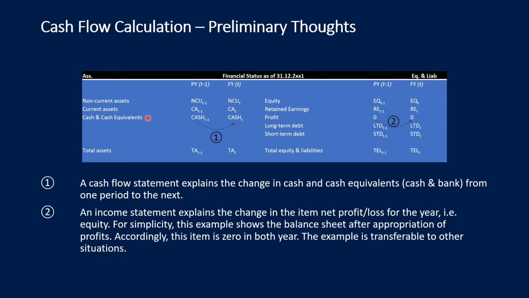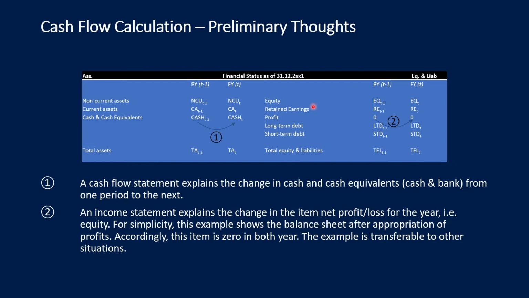I have excluded the cash and cash equivalents from the current assets because usually cash and cash equivalents are a part of the current assets, but not here. I have excluded them and made them an individual item. Of course, the assets sum up to total assets, so here we have the sum, the total.